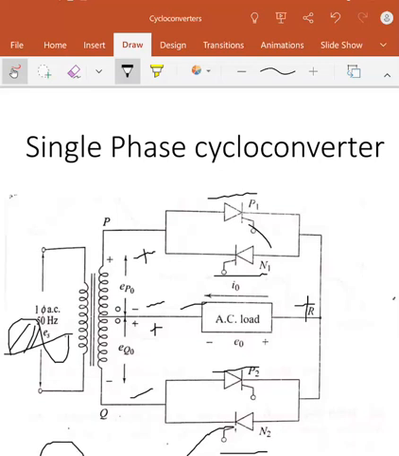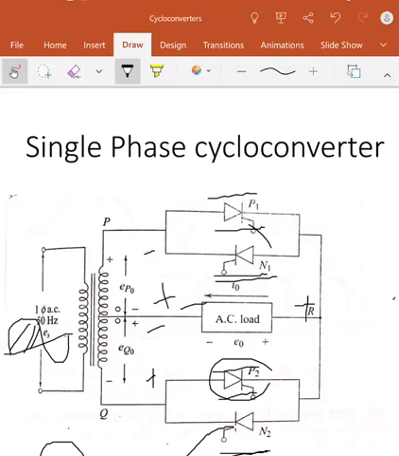In the next half cycle, the signs change: this becomes negative, this becomes positive, this becomes negative, and this becomes positive. In this case P2 is forward biased and P1 is reverse biased, and N1 is forward biased and N2 is reverse biased.